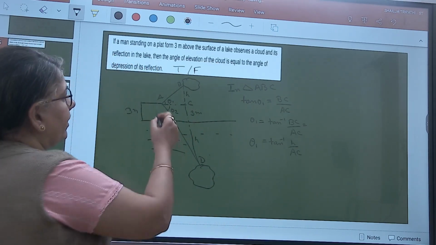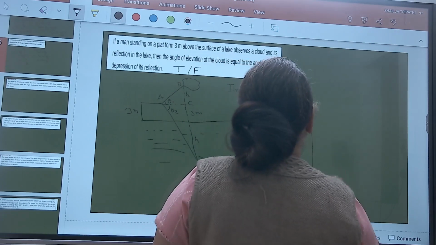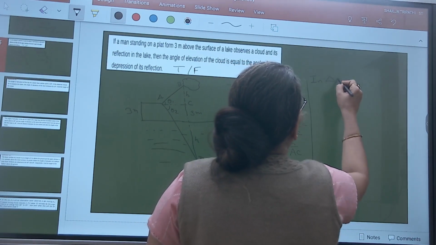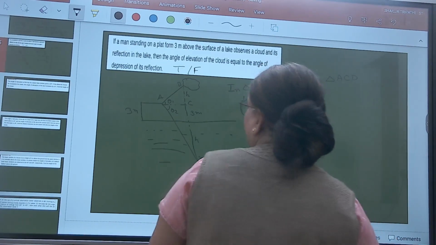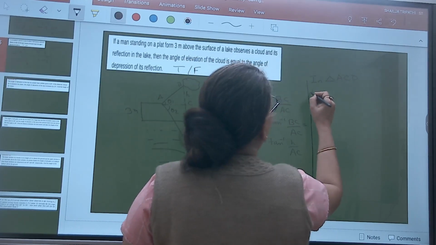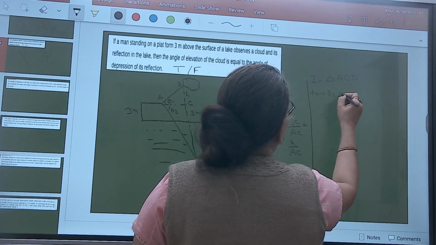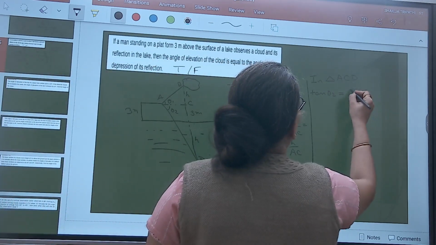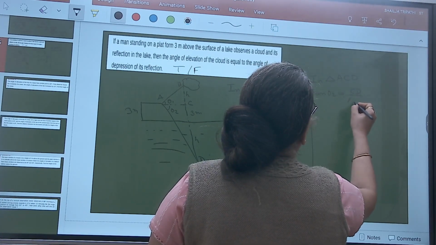Now we'll take triangle ACD. In triangle ACD, we get tan theta 2 is equal to, again, perpendicular is CD upon AC. Base is AC.